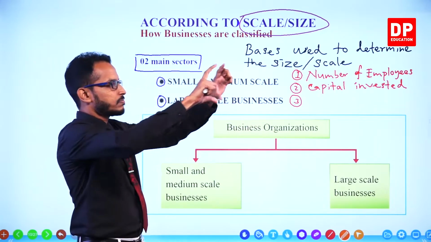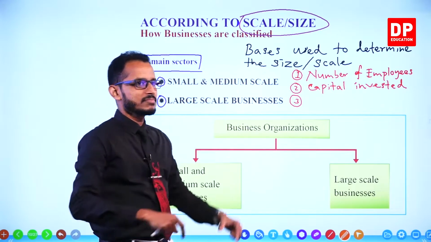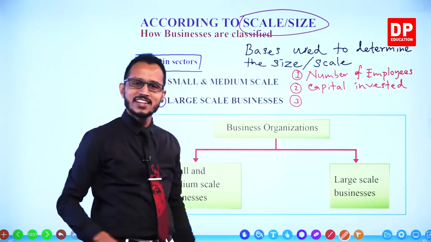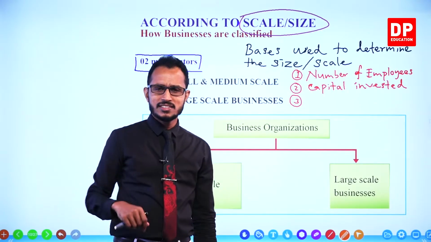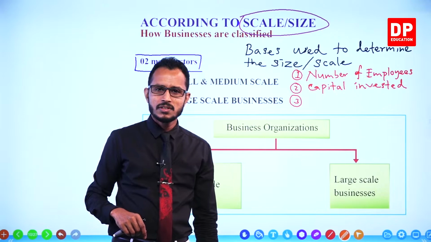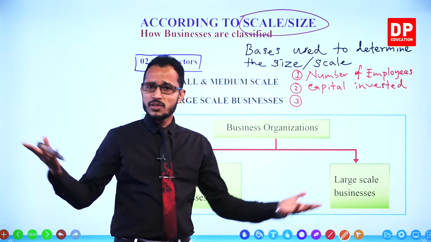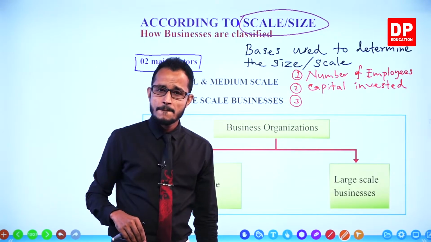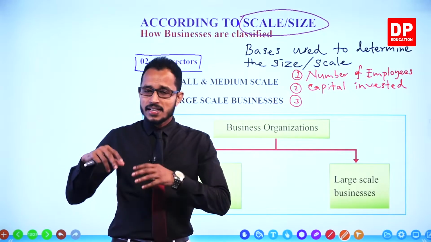He puts up a board saying king coconut, 50 rupees. Haven't you seen these type of people? They are businessmen. What do you think? They are businessmen, children. They are selling king coconuts.